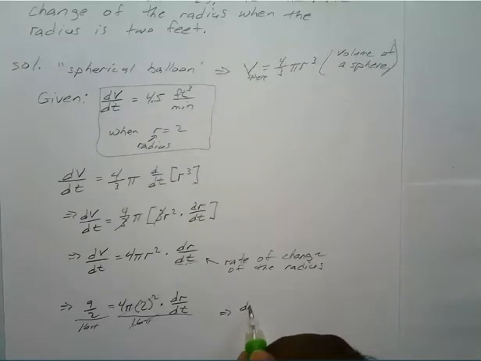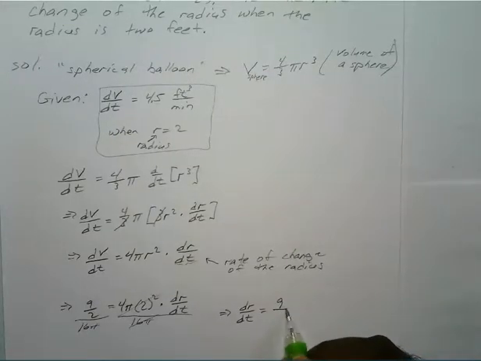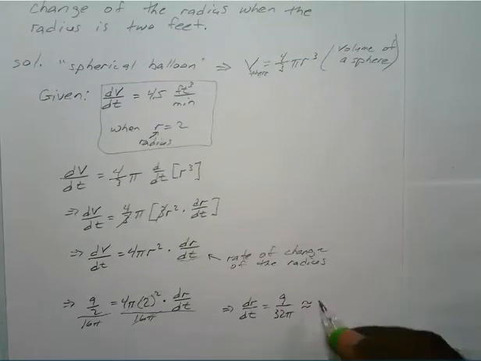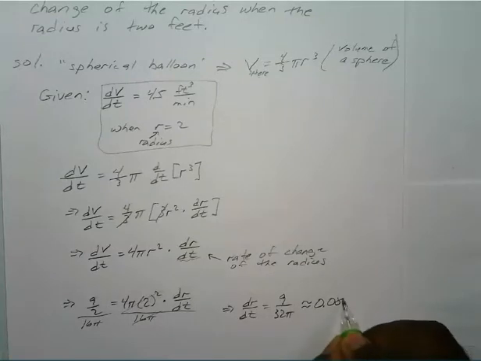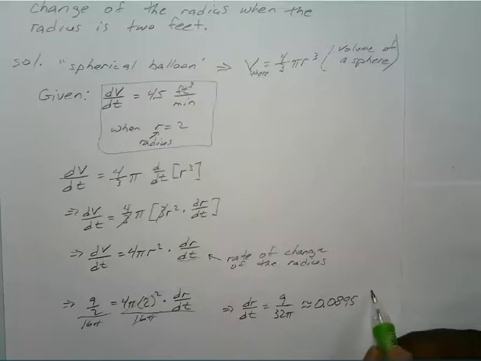So that means your rate of change with respect to time is equal to 9/32 pi, which, if you plug that into a calculator, gives you approximately 0.0895 feet per minute.